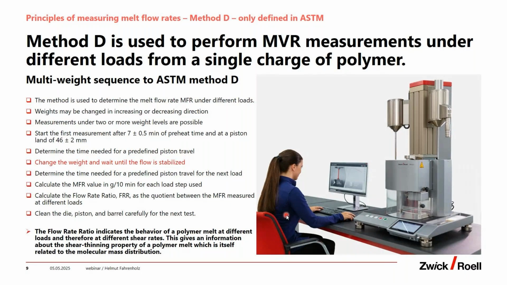So for example, you start with 2.16 kilogram, then you do a measurement, for example, with 10 kilogram, and then maybe a third measurement with 21.6 kilogram. To be able to do this, you need a type of machine that is able to change the weights during the test. And this is the picture that you see here on the right side. We call it the Aflow. This is a machine which is able to do this method D.